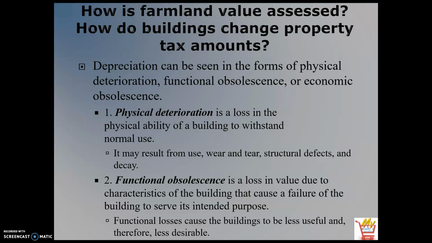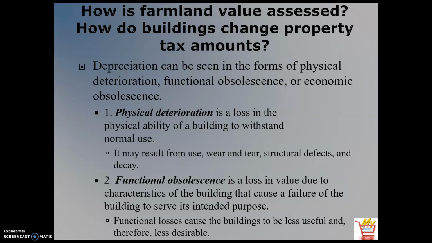And physical deterioration is a loss in the physical ability to withstand normal use. So it could result from use, natural wear and tear, structural defects, and decay. You drive down the road and you see it all the time.